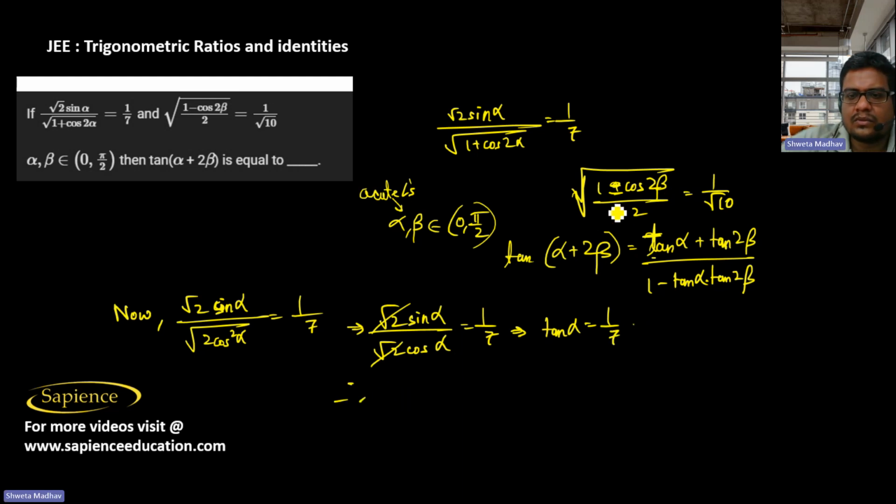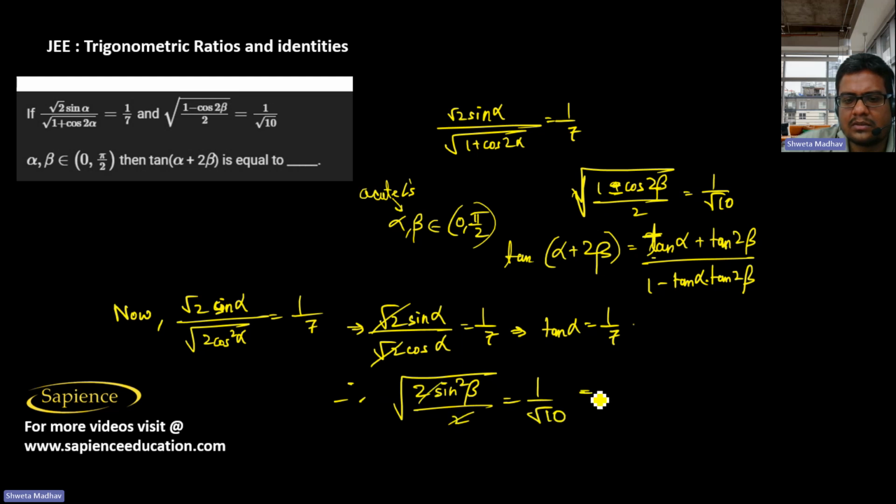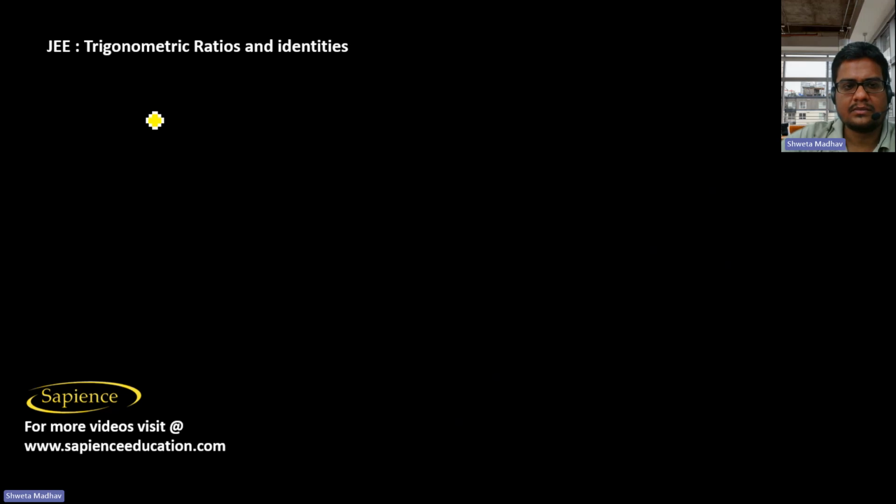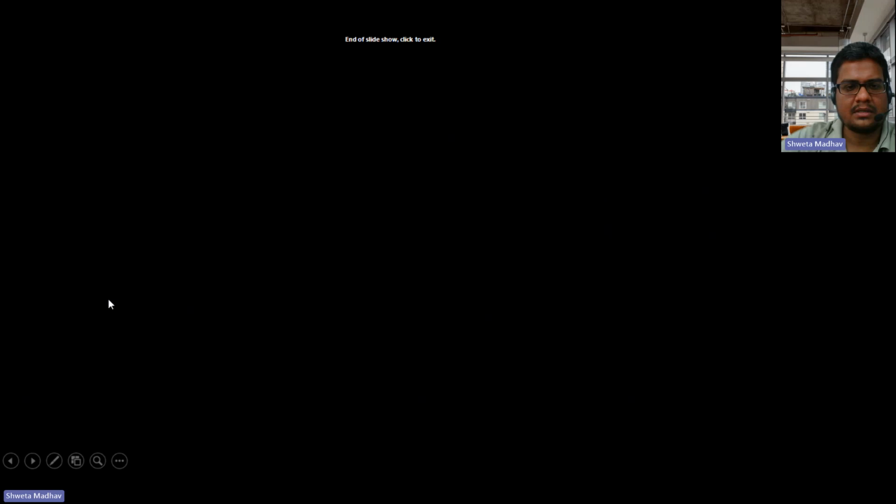So now therefore root over 1 minus cos 2 beta by 2, that is equal to root over 2 sine square beta by 2, that is equal to 1 by root 10. So 2 will cancel. So sine beta is equal to 1 by root 10. Now tan 2 beta we have to find.